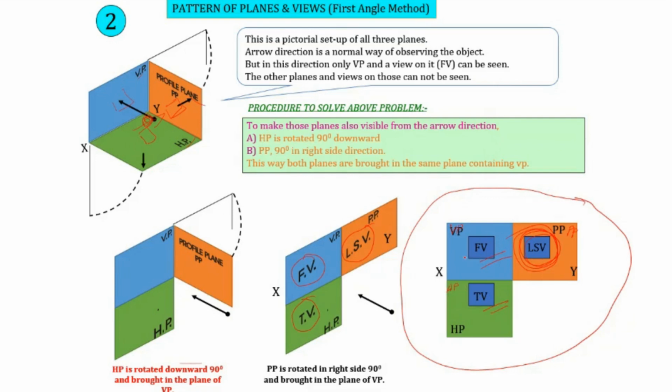And in the two-dimensional orthographic drawing, this particular area marks the vertical plane, this area marks the horizontal plane, and this area marks the profile plane.